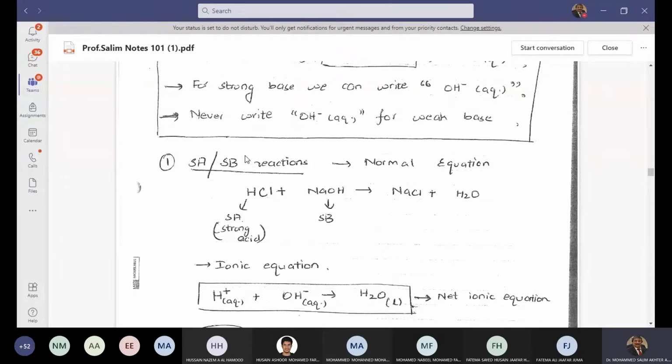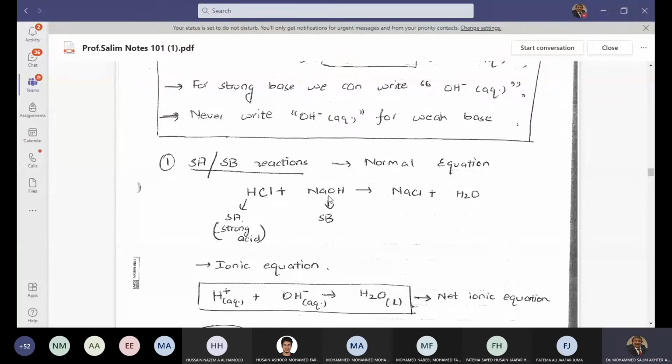Now, strong acid, strong base. I have 6 strong acids: HCl, HBr, HI, HNO3, H2SO4, and HClO4. You can take any acid you like.